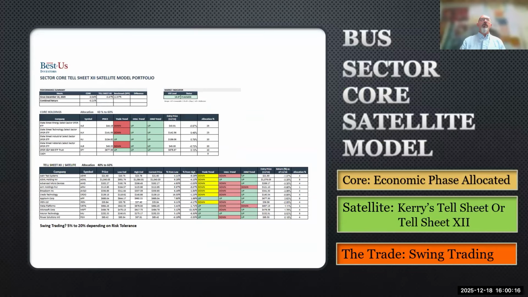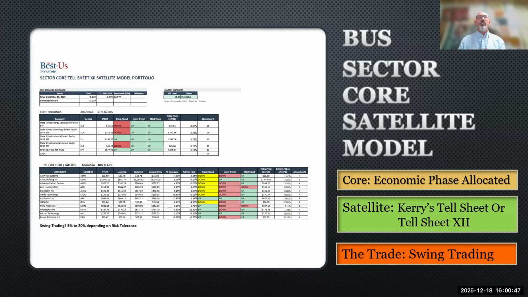Now, if you're not familiar with the Tell Sheet 12, it is 12 of Kerry's stock ideas that I've then overlaid a quantitative risk model on top of. And we implemented that back on June 16th, and it has had a pretty awesome performance. But of late, you've seen it starting to decline, and you've started to see it break certain areas.